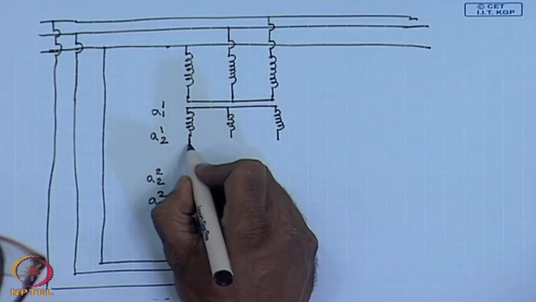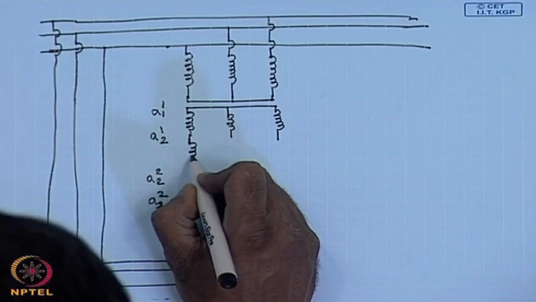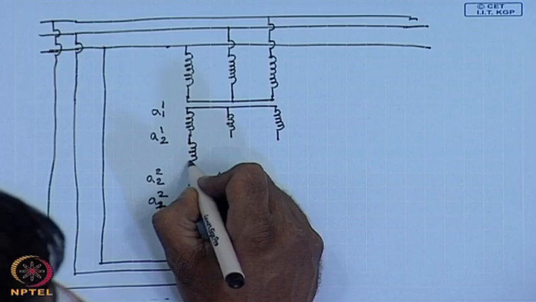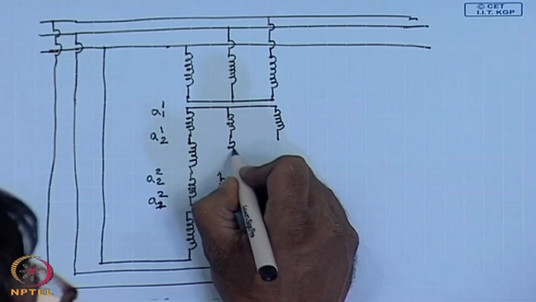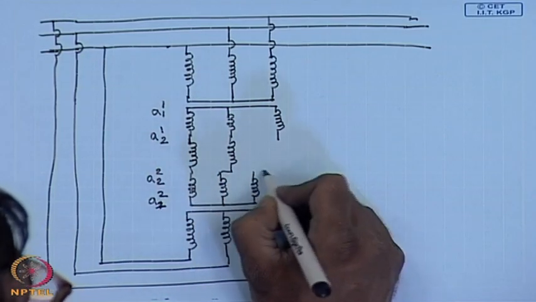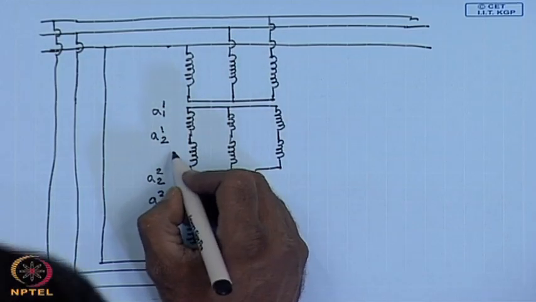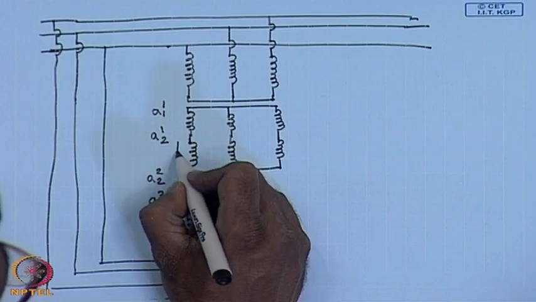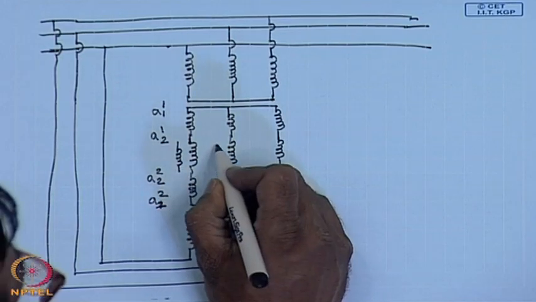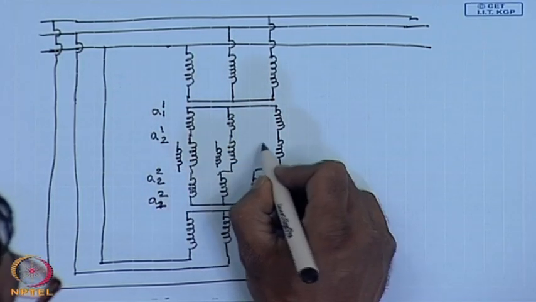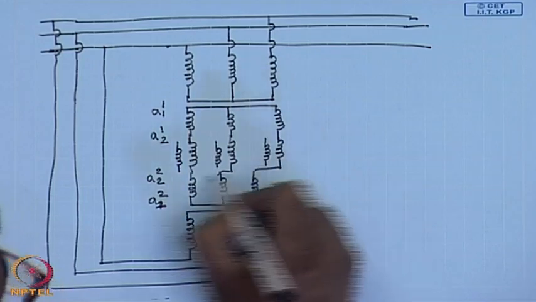For that, here we will need a separate transformer. A separate auxiliary 3-phase transformer will be necessary. So, in order to supply that, we will supply it from an auxiliary transformer like this.